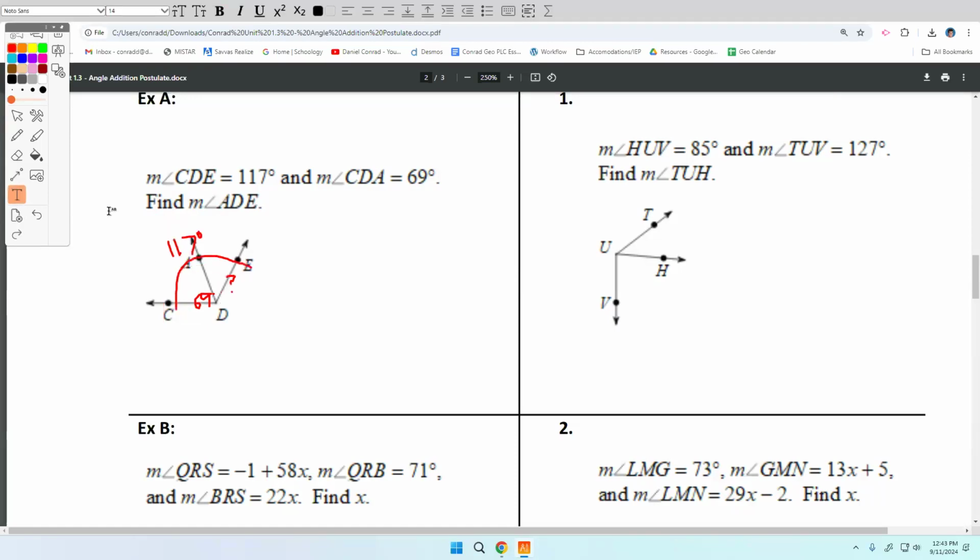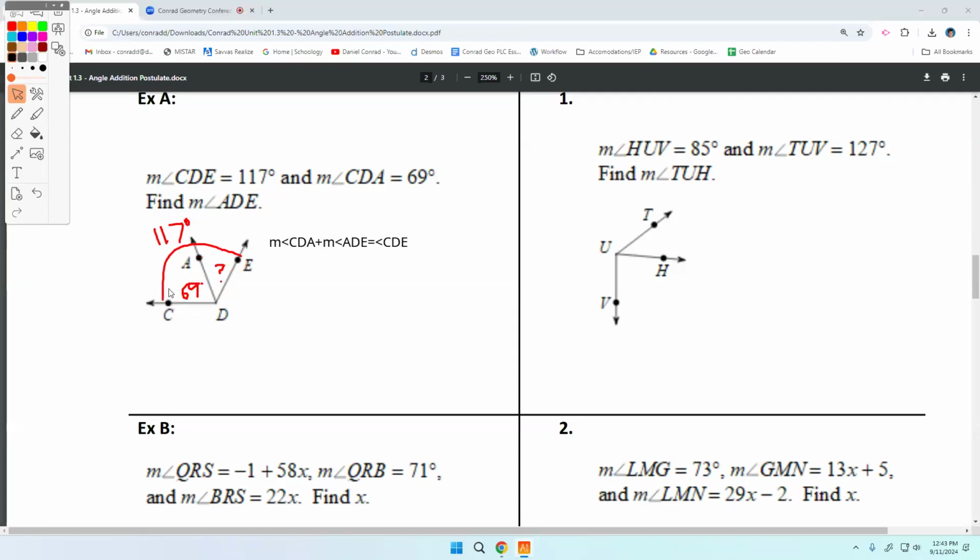So we need to start by writing an equation. My equation is going to be the measure of angle CDA, the first small angle, plus the measure of angle ADE, the second small angle, equals the measure of the big angle, which is angle CDE.